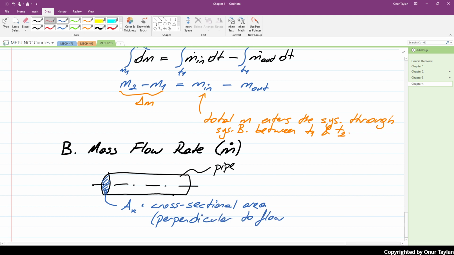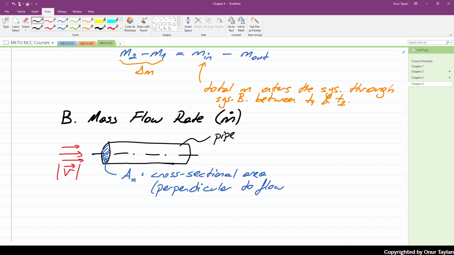Therefore, you have the flow that enters the pipe, and say it has the speed of V. I have the cross-sectional area, I have the speed, and I'm interested in what the flow rate is.